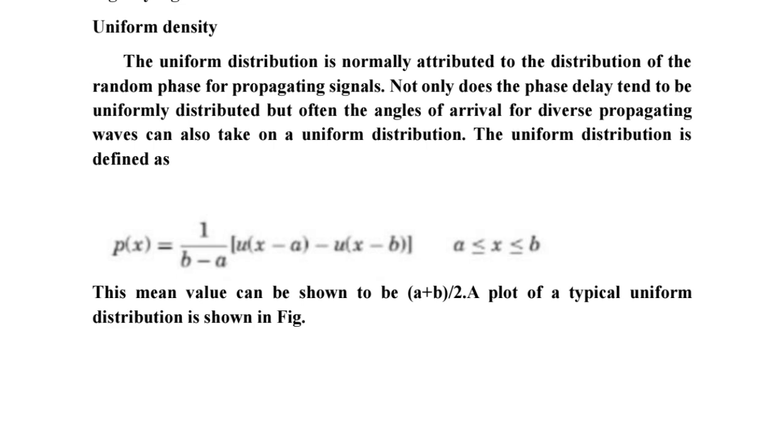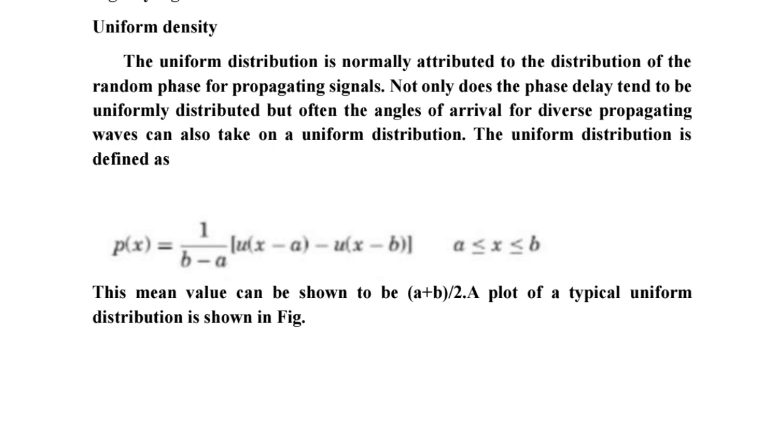The signal has a random phase and we cannot predict the phase value. Sometimes the signal may have 90 degrees, sometimes 120 degrees, sometimes 130 degrees, and like that. Each time you evaluate the signal, it has a different phase value, so for that we use the uniform density distribution to evaluate the distribution of random phase for a propagating signal.